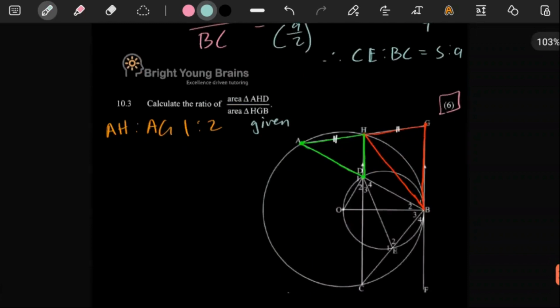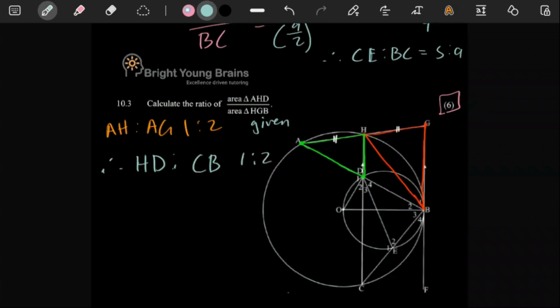Them having told us that the ratio between AH and AG is 1 to 2 literally allows us to then say, therefore, the ratio between HD and GB is also 1 to 2.